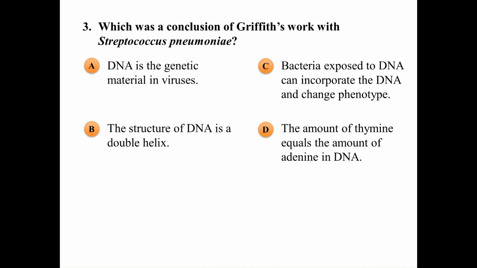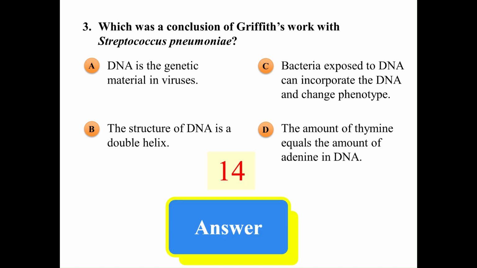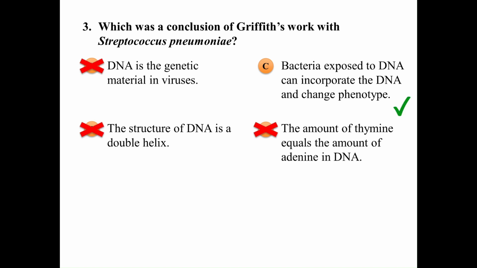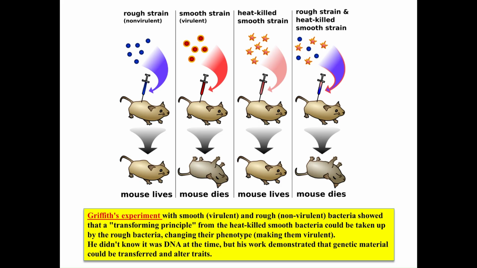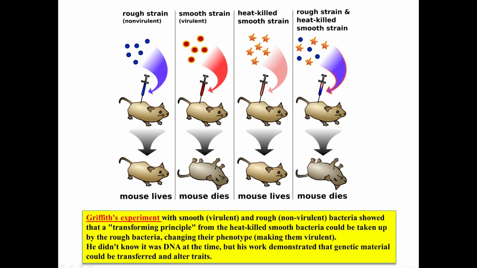Which was a conclusion of Griffith's work with Streptococcus pneumoniae? The correct answer is C. And let's remember together Griffith's experiment. In the first step, when he injected the mouse with the rough strain, the mouse lives.